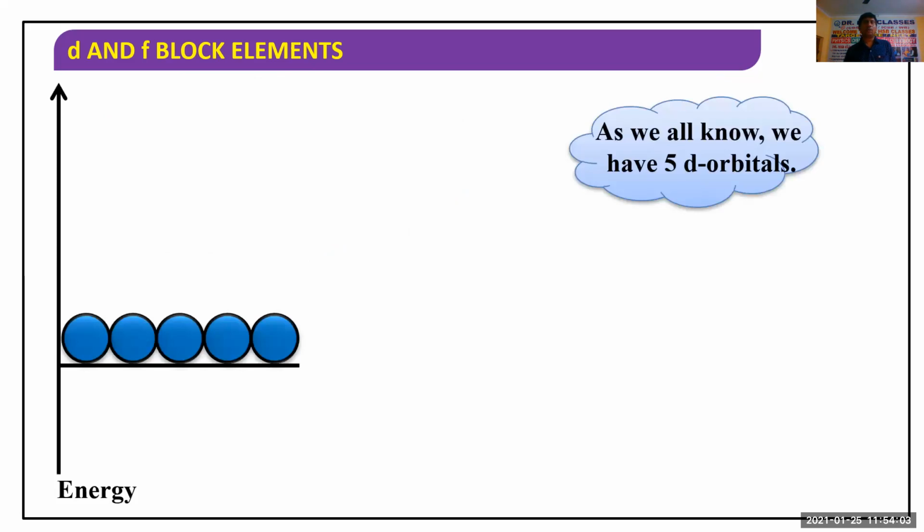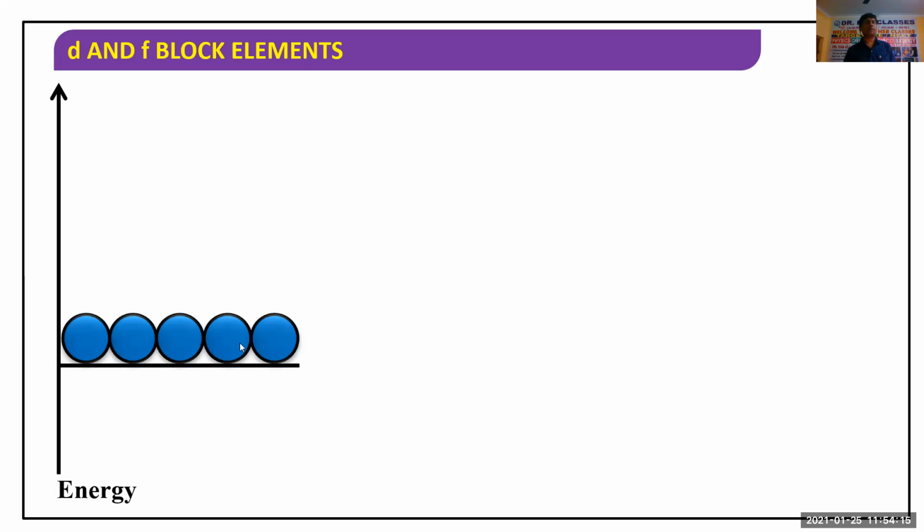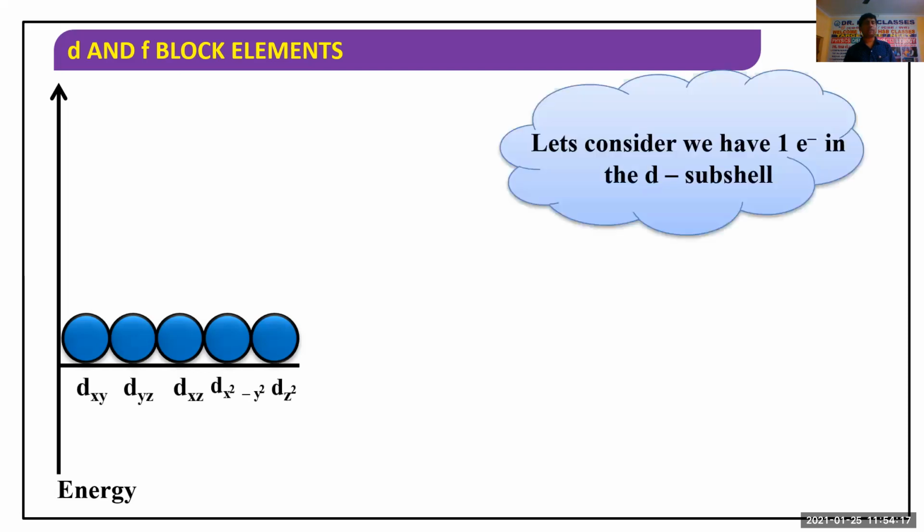As we all know, we have five d orbitals like this. This is orbital 1, 2, 3, 4, 5. From these five orbitals, let's consider we have one electron in the d subshell.